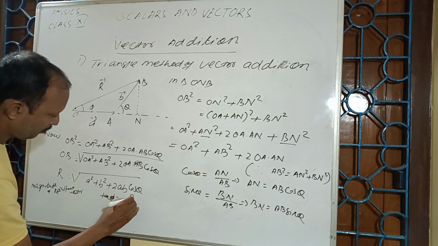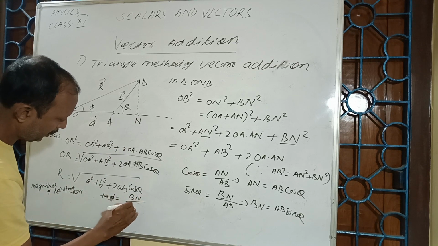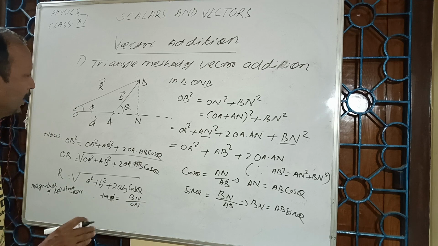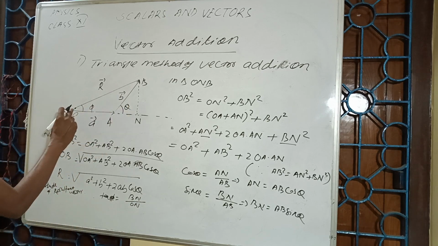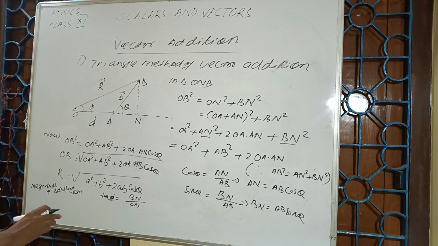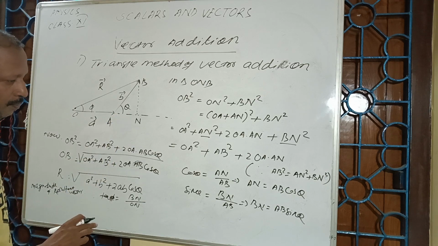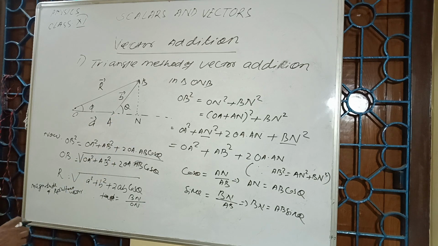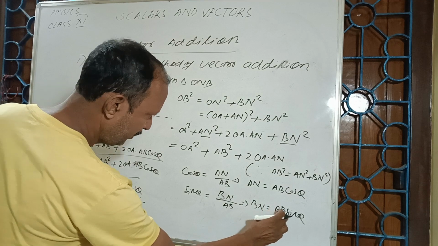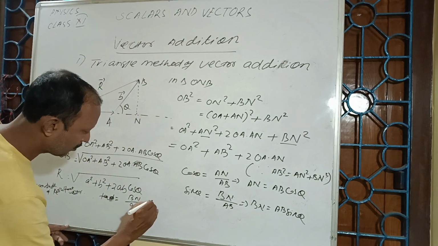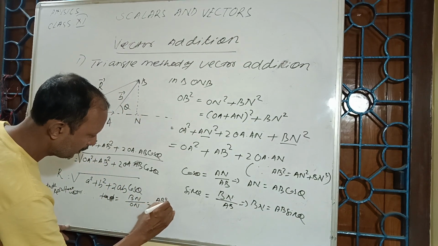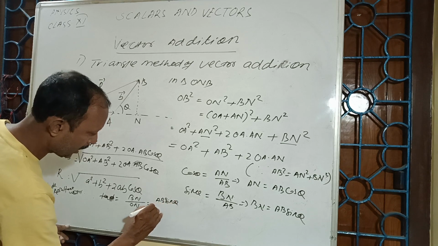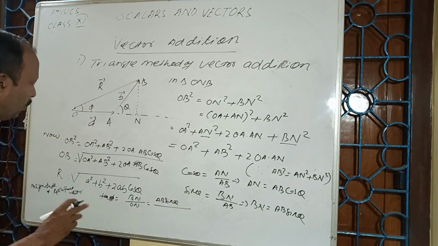So, in place of BN, we can write AB sin theta, divided by ON.